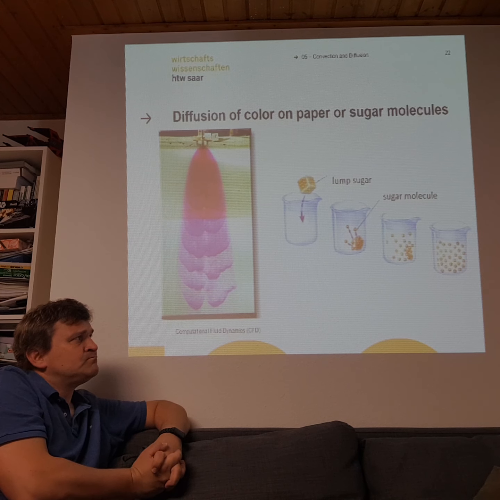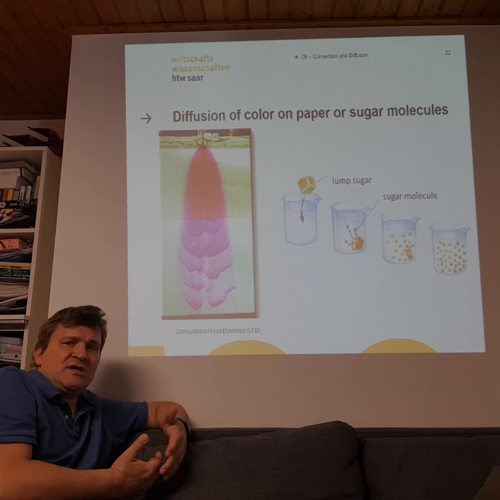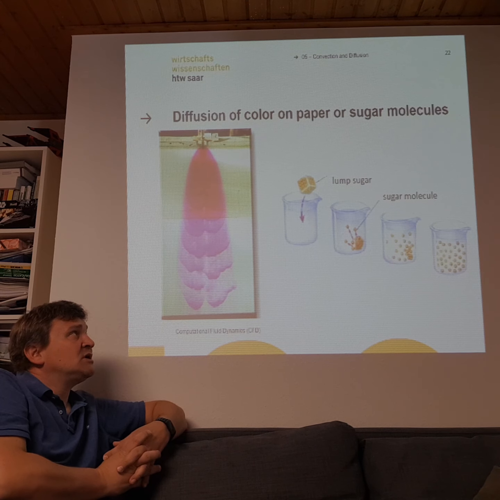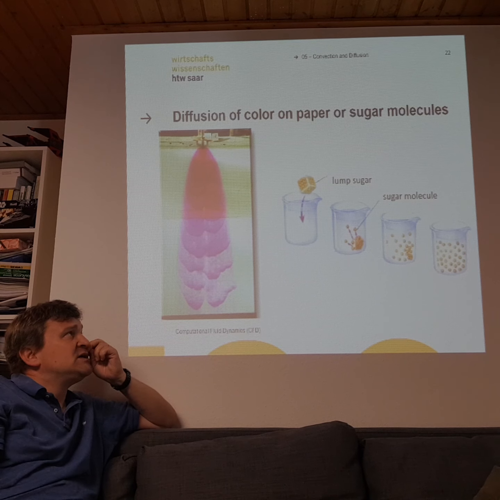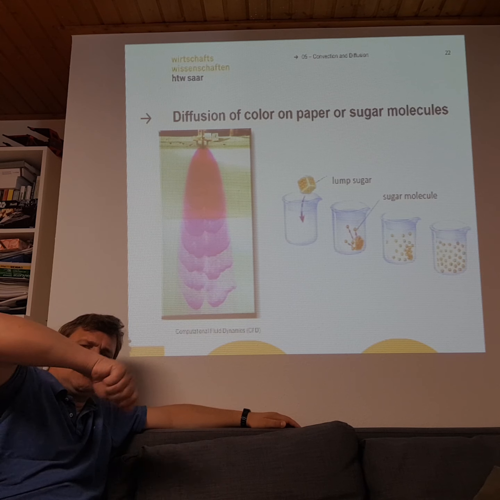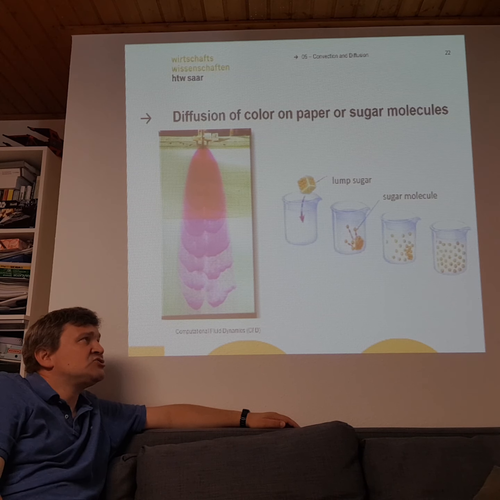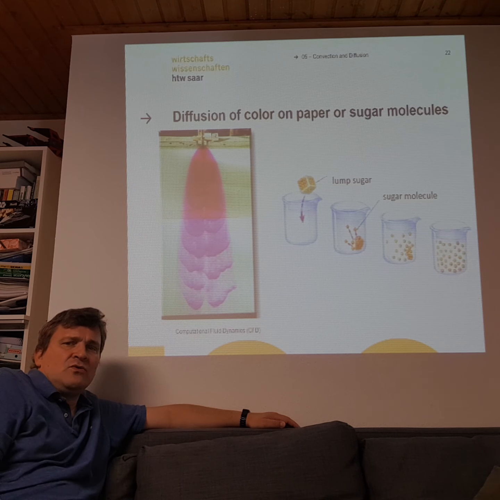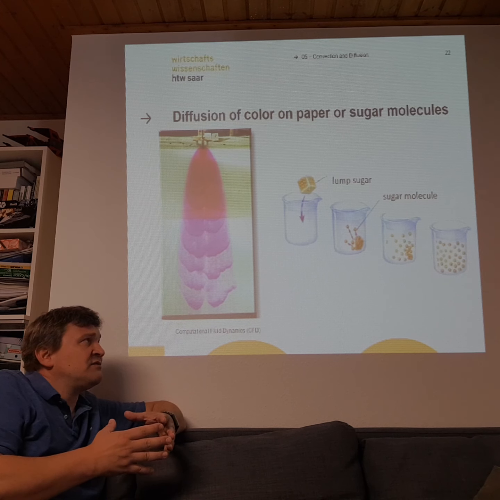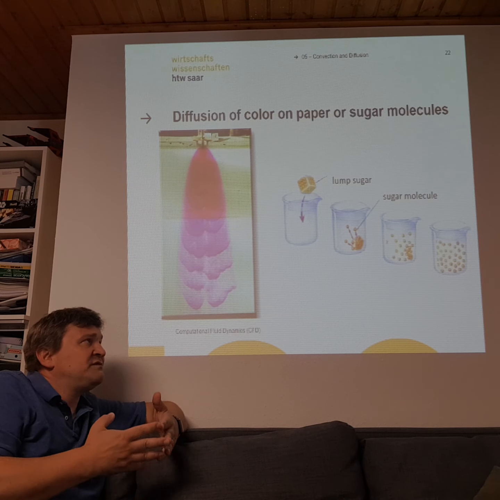You can discover the same effect if you have a cup of tea or a cup of coffee or a glass of water, and you put a lump of sugar inside the water. Even if you don't stir it, even if you don't mix it with your spoon, the sugar after some time will be dissolved in the whole glass of water, and this happens by the effect of diffusion.